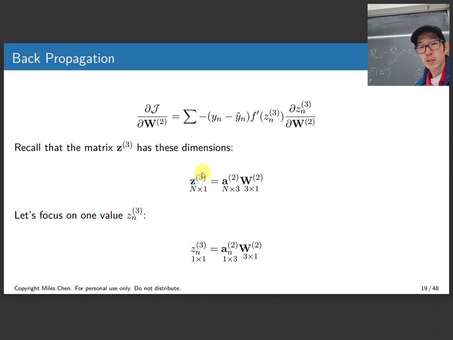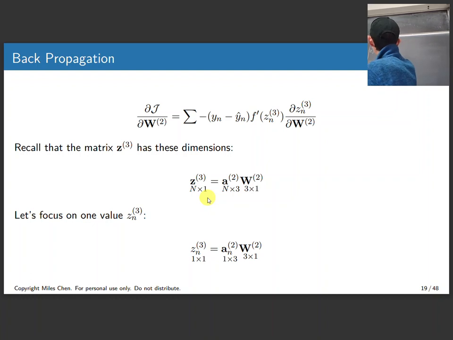If you look at the matrix, the Z3 matrix, which is n by 1, is the result of taking your A2 matrix and multiplying it by W2. Z3 consists of Z1, Z2, down to Zn.